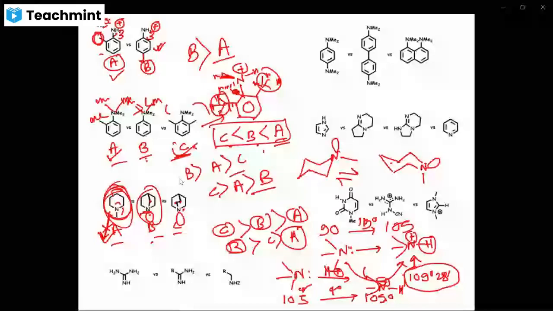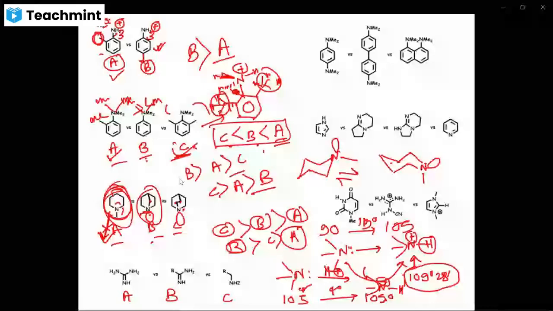Okay, so now this one, A, B, and C. Can you tell their basicity order? This is a very common example, but also important. Here the only thing you have to consider is the stability of the conjugate acid.